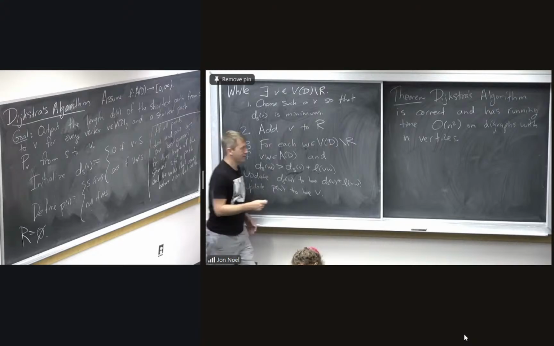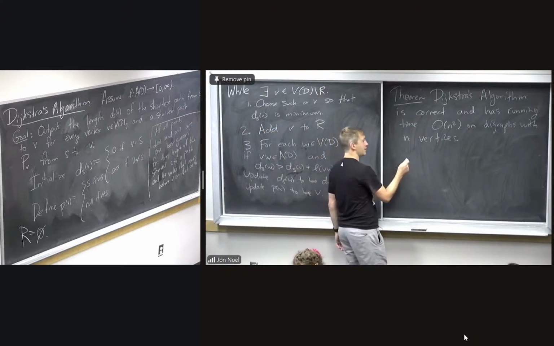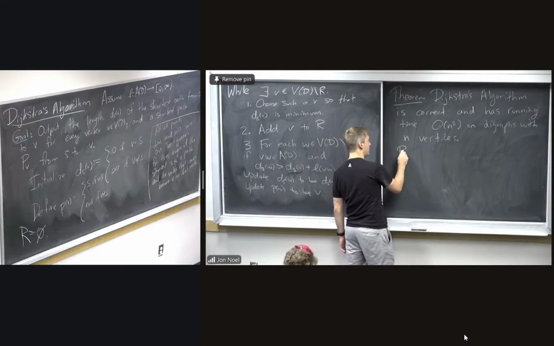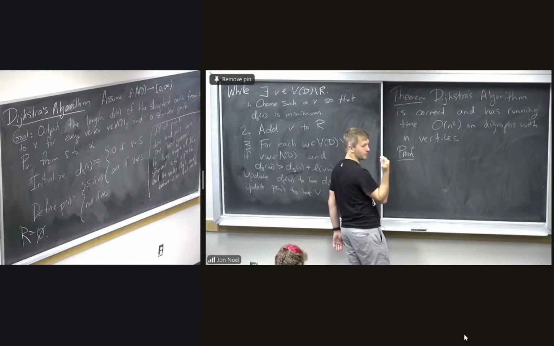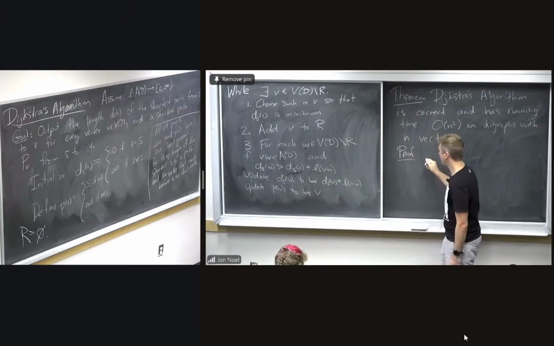There's not going to be time to prove that it's correct in this class. I might come back to that next time. But I'll just quickly write down basically what you said about the running time.